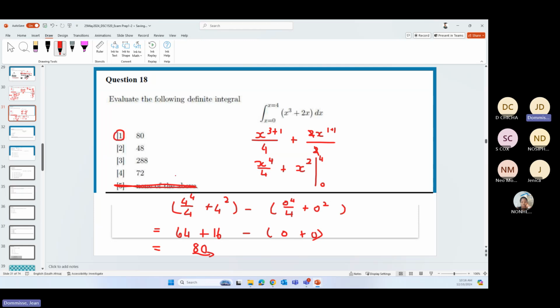Okay, so if that was not 0 but 1, then it does become a bit different, because then it will be 1 to the power of 4. So it is just 1 over 4 plus 1, which is also something small that we subtract. But then at least there was something that we subtracted. But when it's 0, your x just stays 0, and your final answer will be 80.